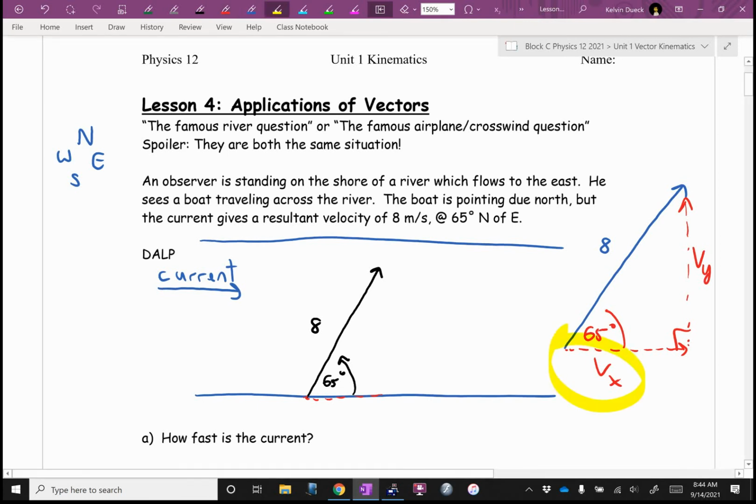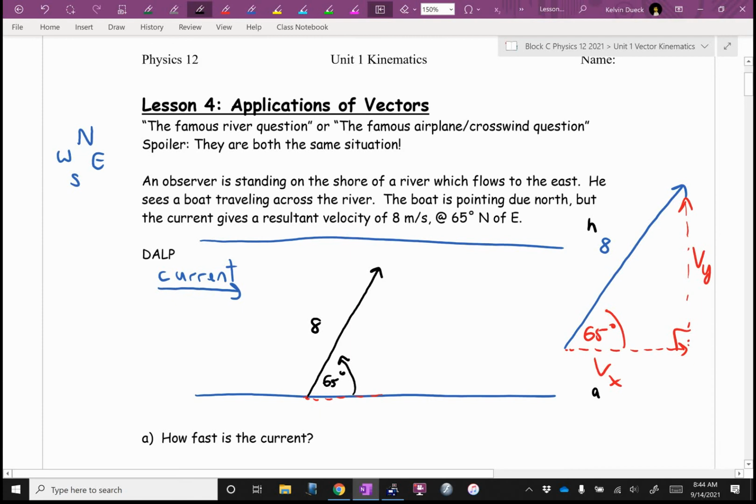Isn't that the current? It's Vx in my diagram, but the only thing that's pushing sideways is the river. So it's saying find the current, but the current is actually one of the components. So I'm going to find Vx, hypotenuse adjacent.